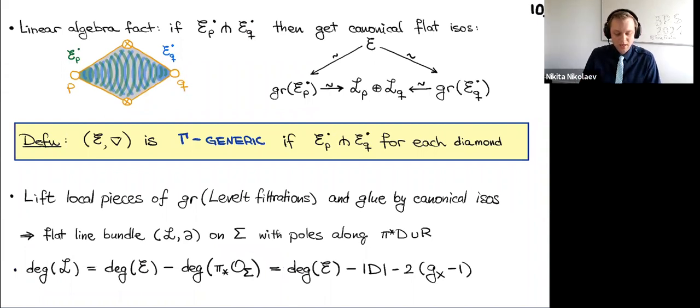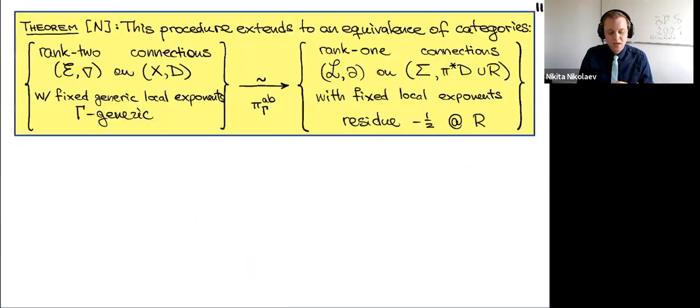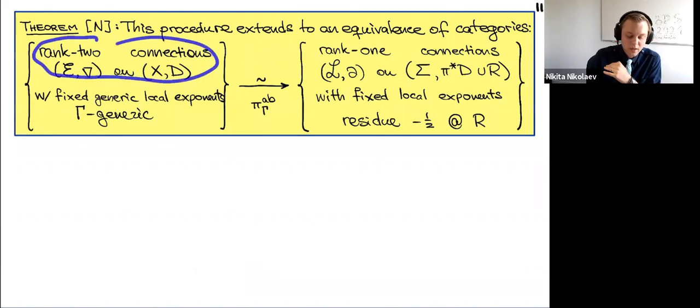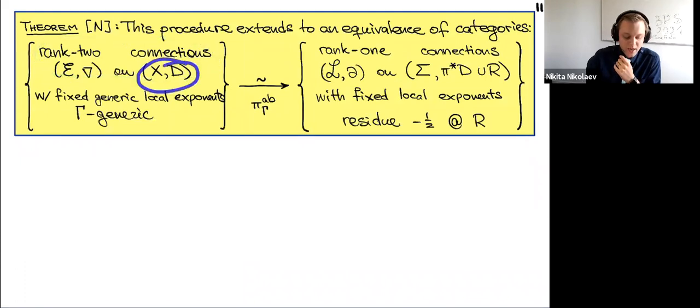Okay, and so this procedure that I explained turns out to be a functor, and in fact, an equivalence of categories. And so the theorem is like this. On the left, you have rank 2 meromorphic connections on this pair X, D with fixed generic local exponents, which are gamma generic.